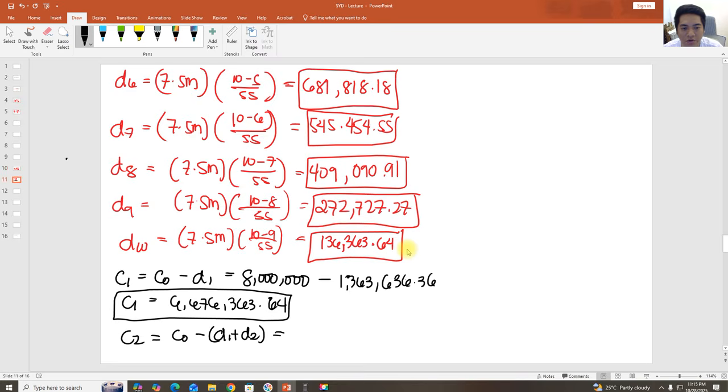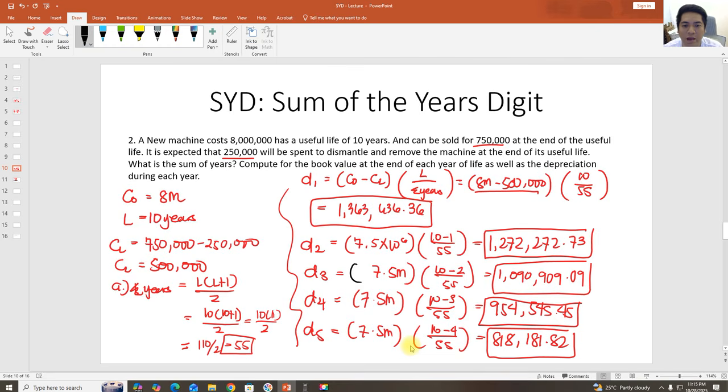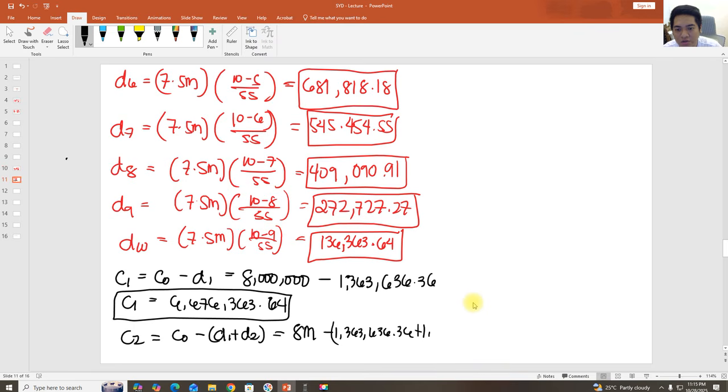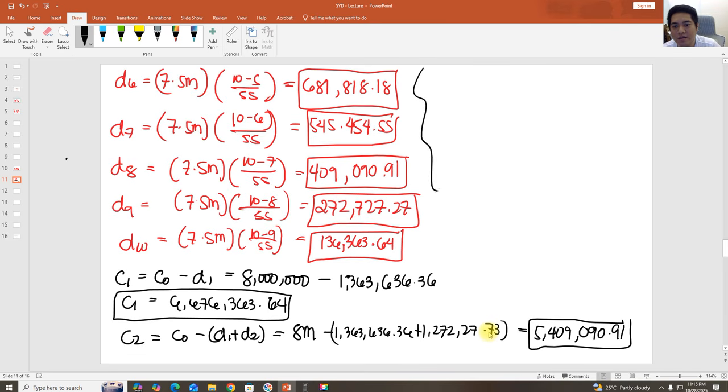Looking at your values, we have 8 million minus 1,363,636.36 plus, before you minus, you have to get the total depreciation for year 2. So C sub 2 would be 409,090.91. So you do this up to C10.